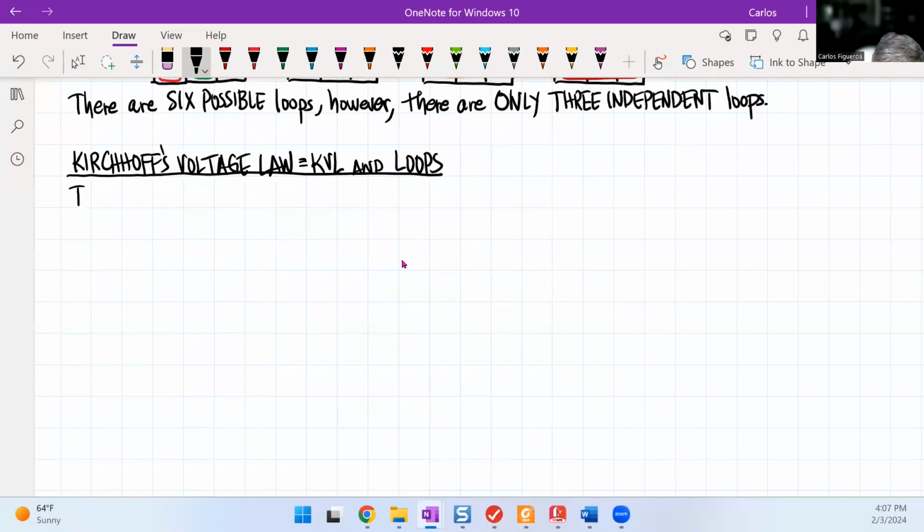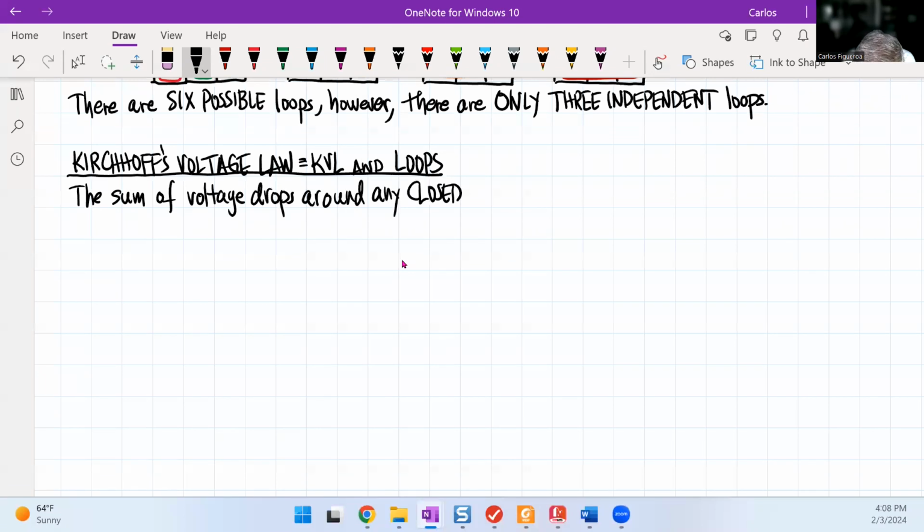So Kirchhoff's voltage law says that the sum of voltage drops around any closed loop is 0.